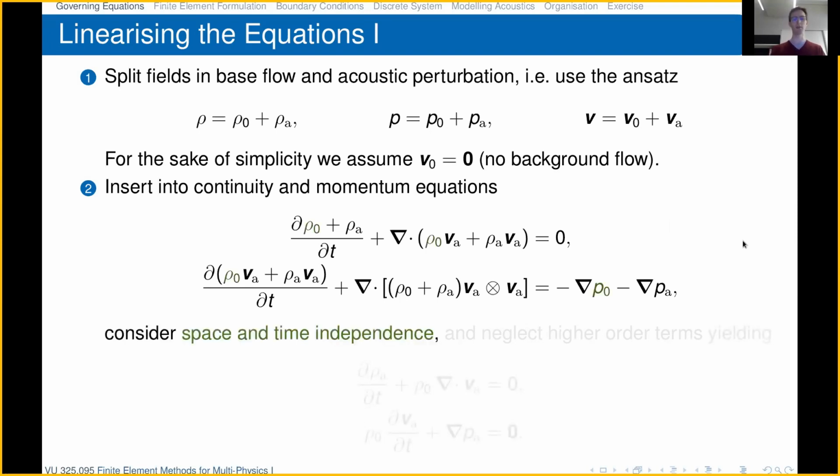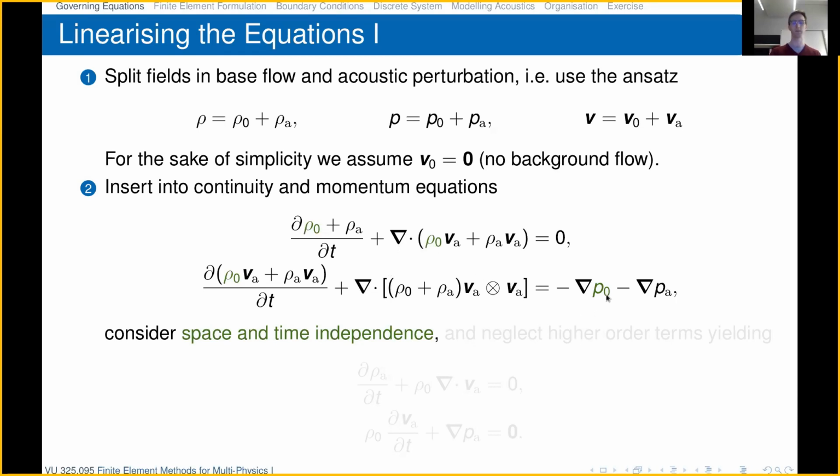We can consider the space and time independence. So we can see that the time derivative of rho 0, which is time independent, is 0. So this term will drop. And similarly, the rho 0 here is spatially independent. We can pull it out of the differential operator.